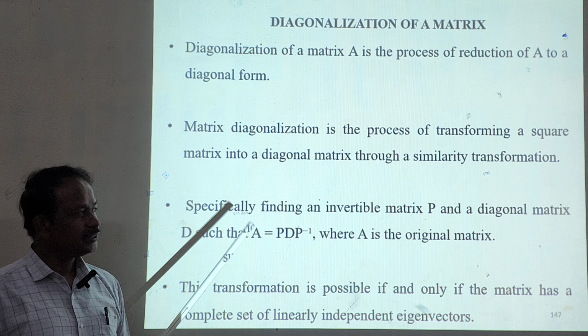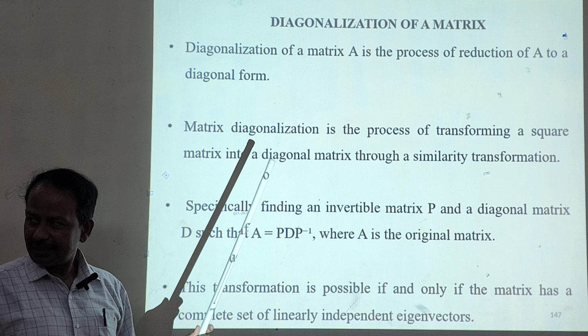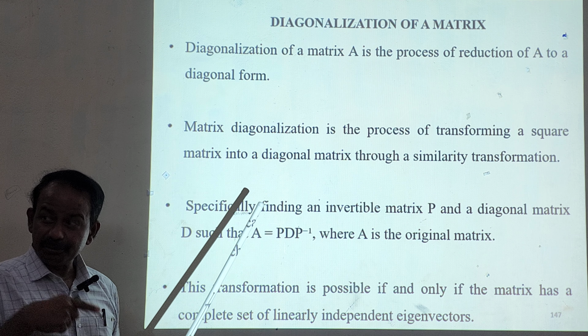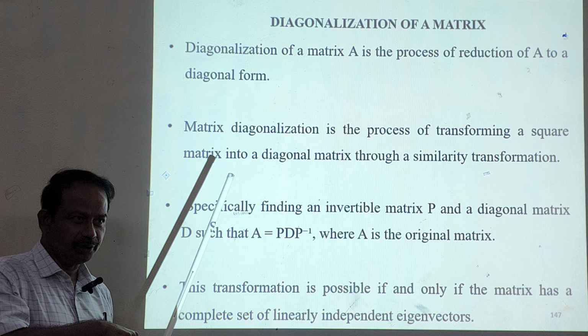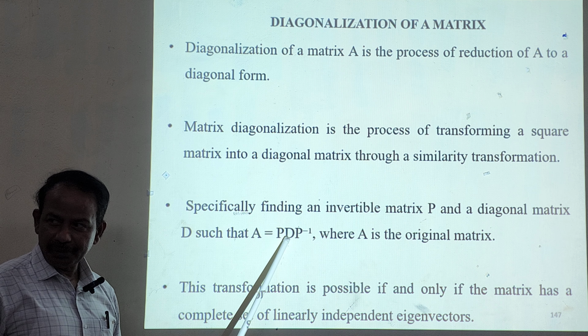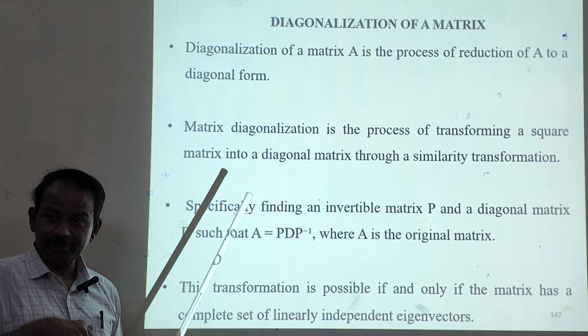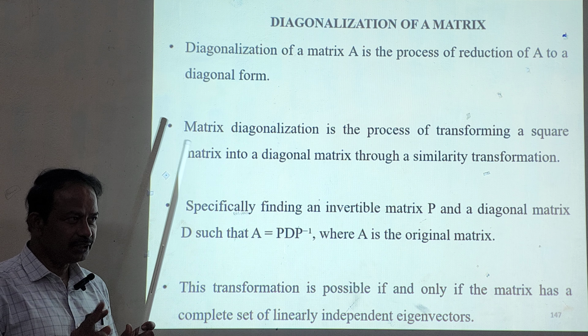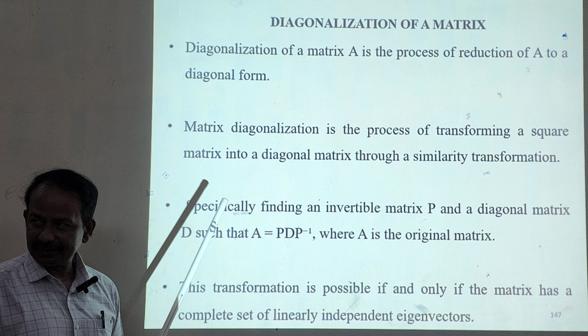So diagonalization of a matrix A is a process of reduction of A to a diagonal form. For example, you have a matrix. We are going to use this formula, which is nothing but similarity transformation from one basis to another basis. So D will have one basis and A will have another basis. Through this similarity transformation, we change from one matrix to another matrix.